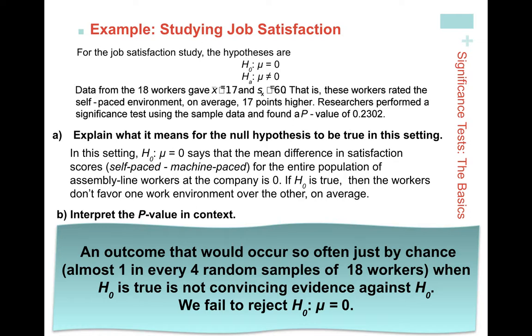But worse than that would be this: if you said the statement, "Oh, this proves that there's no difference." If you use the word "proves," you'll get an instant 0 on the entire FRQ. Why? Because significance tests don't prove anything. Okay. They don't prove anything. They just provide evidence for or against the null hypothesis. Okay.